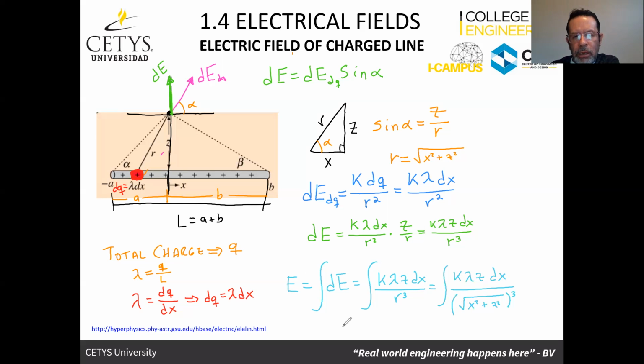Now, can somebody tell me in that expression, in that integral, which elements of this integral are constants? Meaning they're not variables, they're fixed values, they're constants. Can somebody tell me?